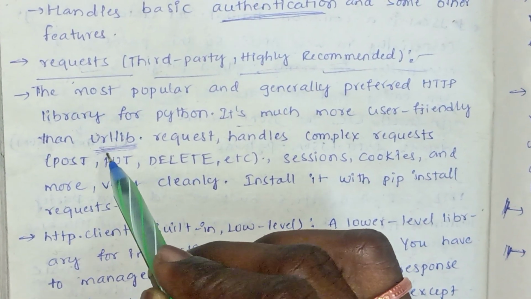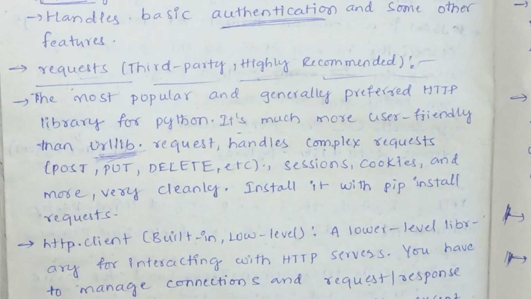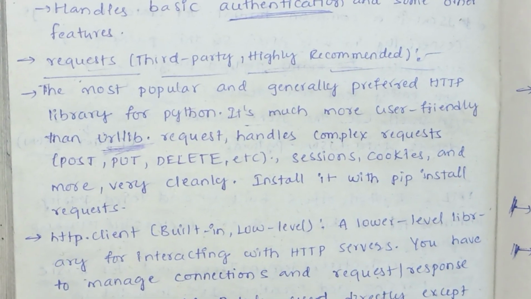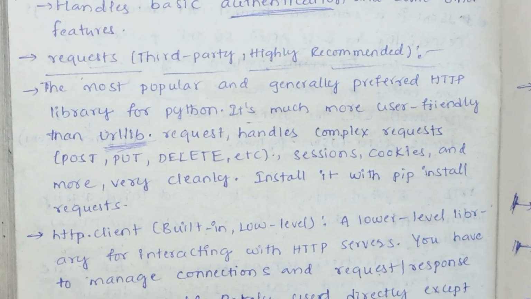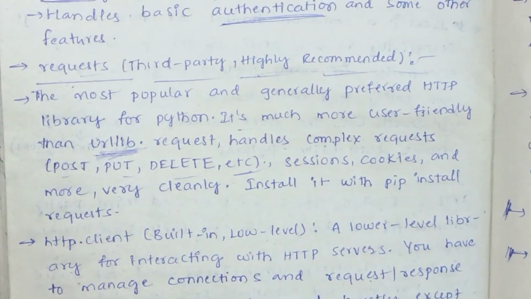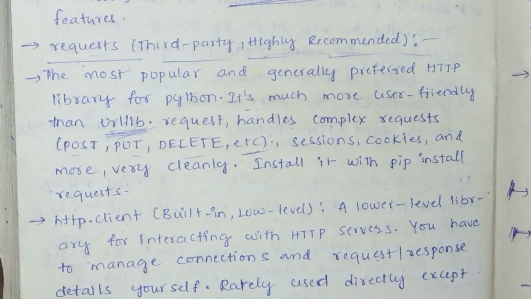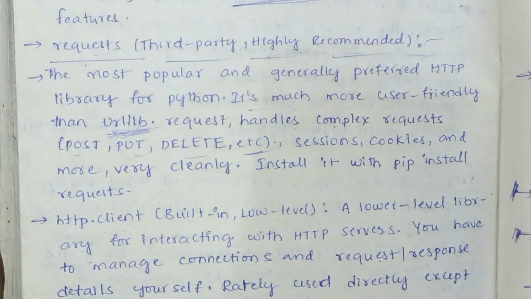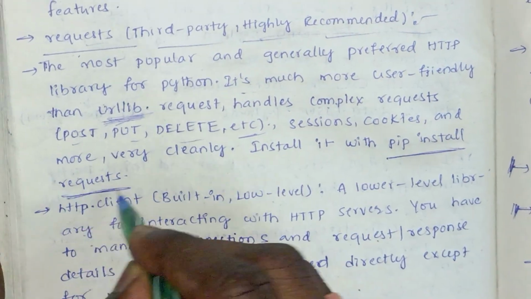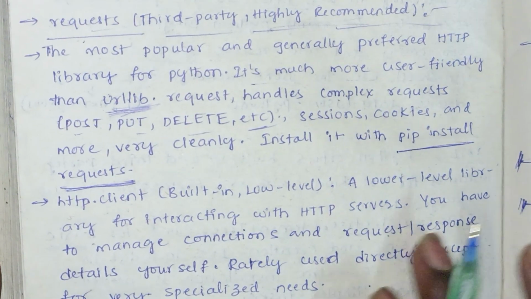I already told you about urllib. So the third-party requests library is more user friendly than urllib. Requests handles complex requests like POST, PUT, DELETE, etc. These are all operations of servers or databases. It also handles sessions, cookies, and more very cleanly. Install it with pip install requests. To install any Python library, we can use pip install.